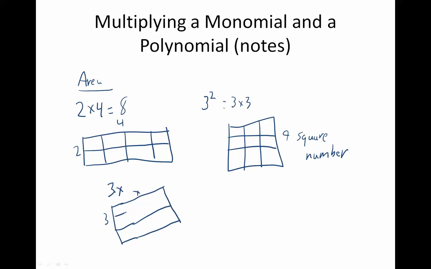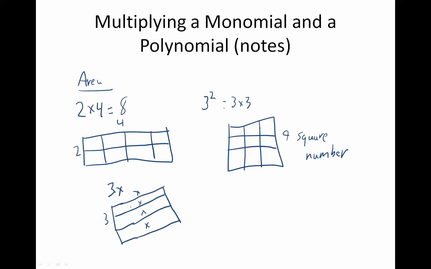All I know is that I have 3 x's. Whatever length that is, this is 3 times x, and this is some length long. We're going to be doing that when we multiply these monomials and binomials and trinomials together. So I want us thinking about the area model that gets formed when we're multiplying whole numbers and variables together.